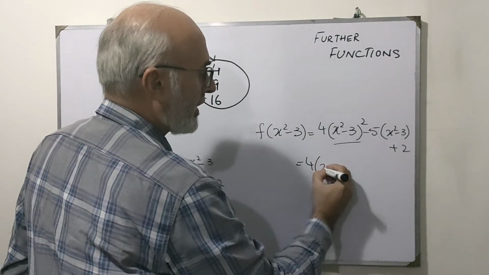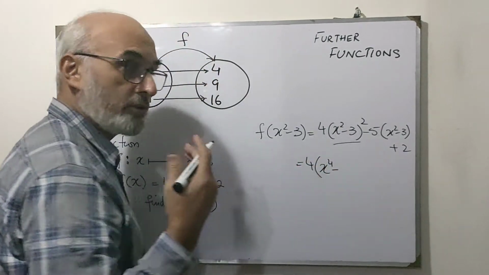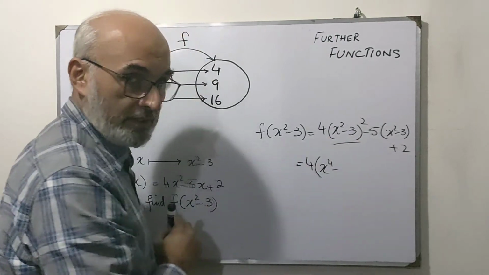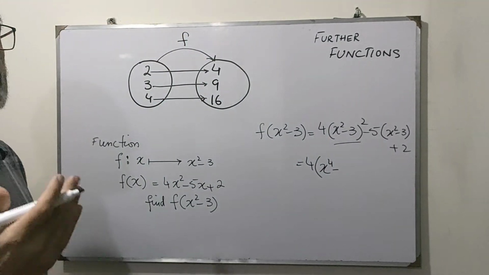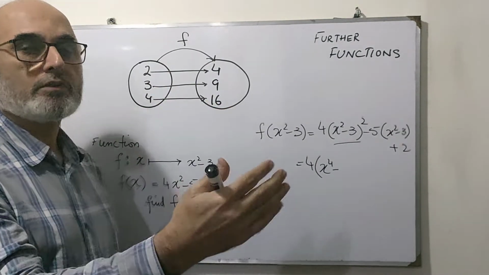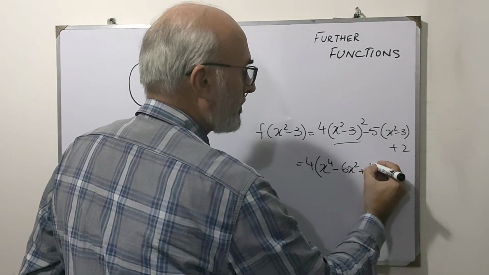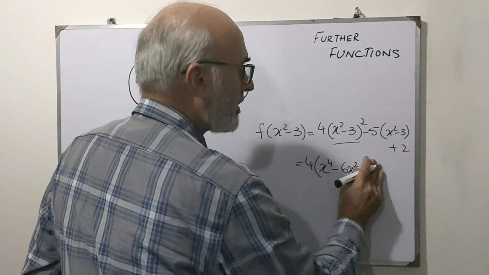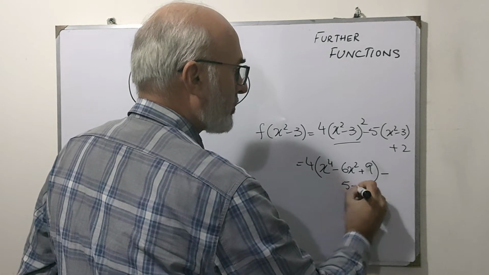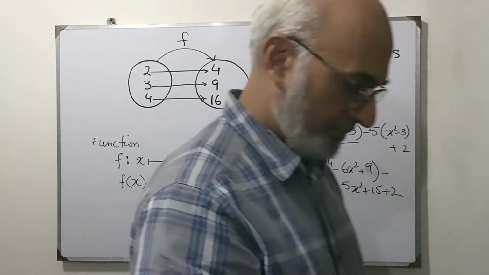So what do we get? x to the 4, then minus 2ab, so 2 into x squared into 3, so 6x square, and then plus 3 square, which is 9. And then minus 5x square and plus 15 and plus 2. Right?